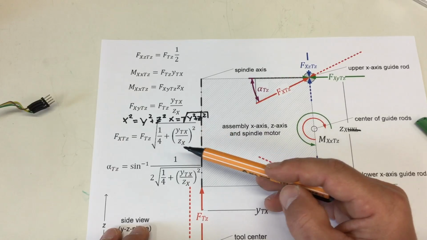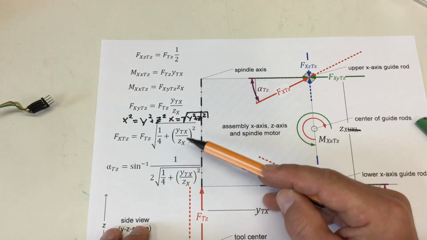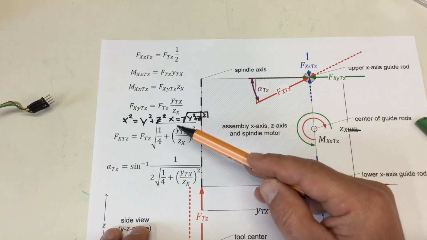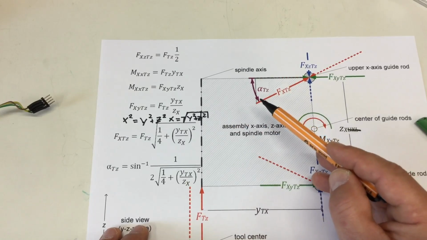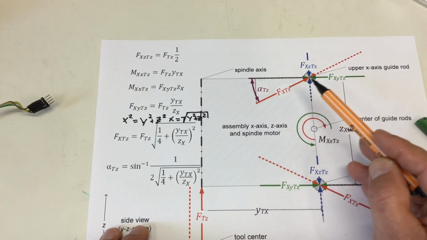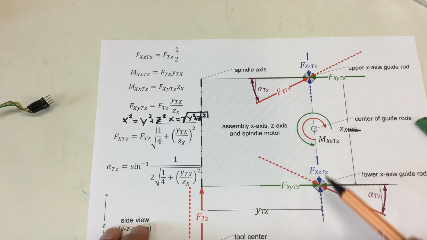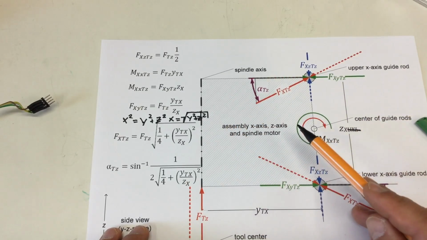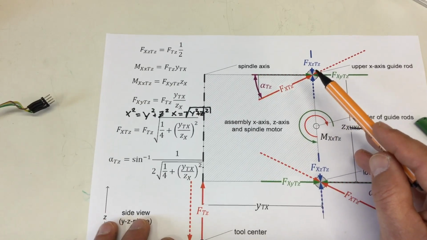Yeah, as expected, this term, we find it here again. So it's still true, the force will be smaller if we make the distance between the bearings larger and keep our spindle axis as close to the X bearings as possible.